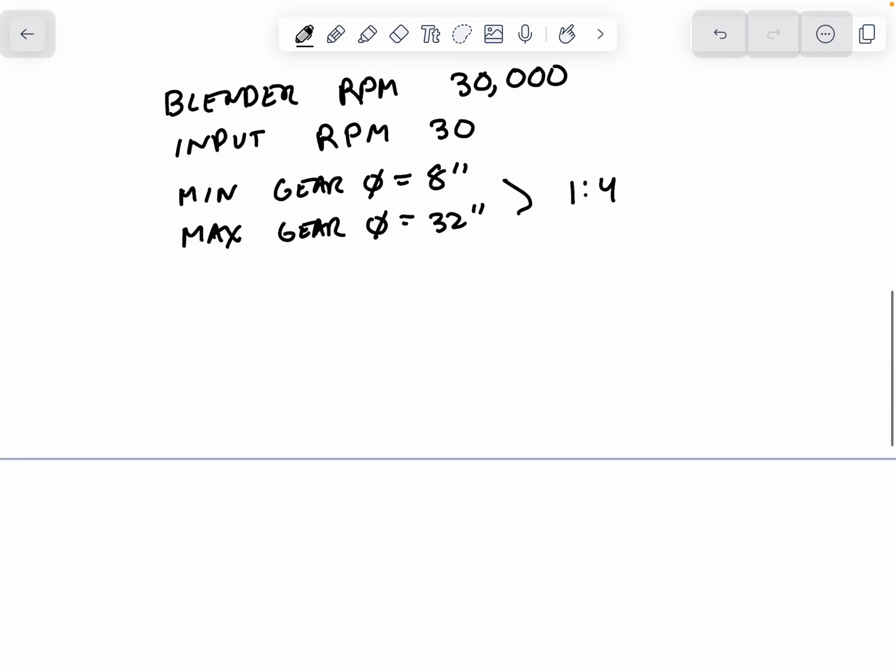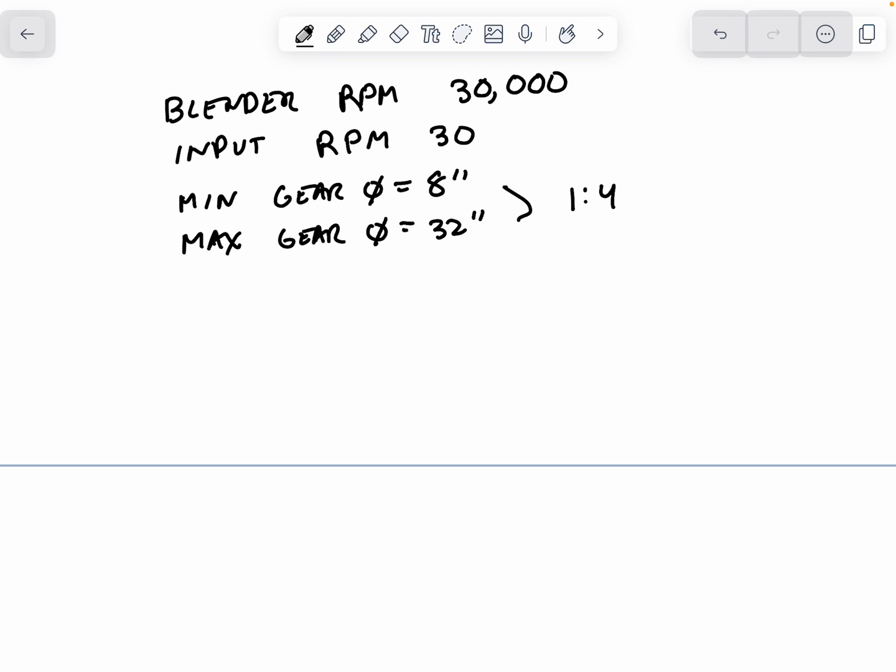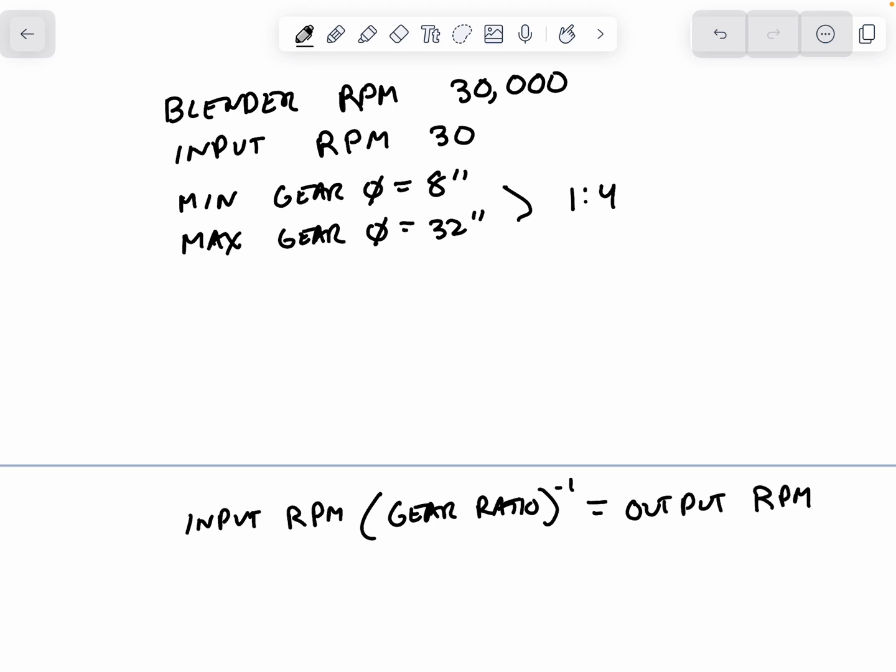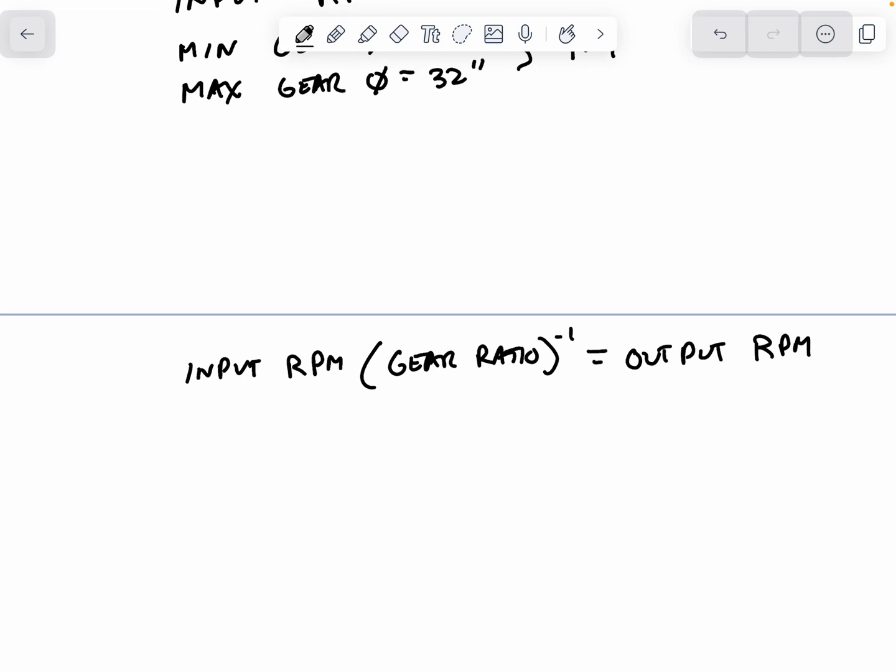When we try to find the gear ratios, remember that our input RPM times the inverse of the gear ratio, that's a -1 exponent, is equal to our output RPM. Another way of writing this is our input times 1 over the gear ratio is equal to our output.